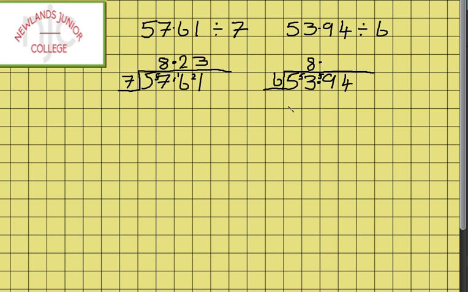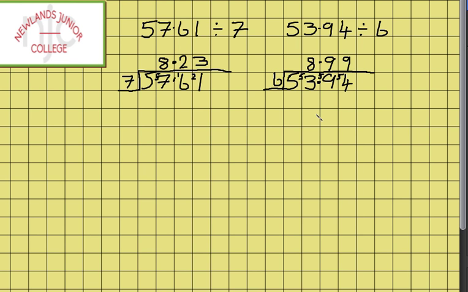Okay, 6 into 59, that goes in 9 times, and we have 5 left over. 6 into 54, that's 9 again. And there you go. 53.94 divided by 6 is 8.99.